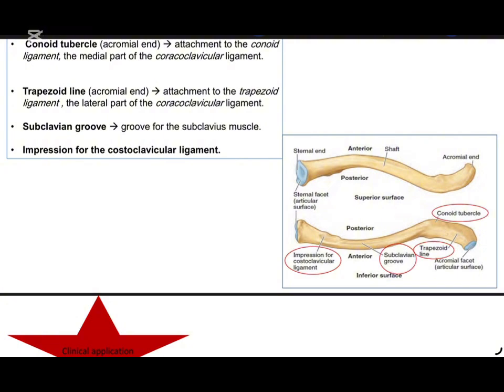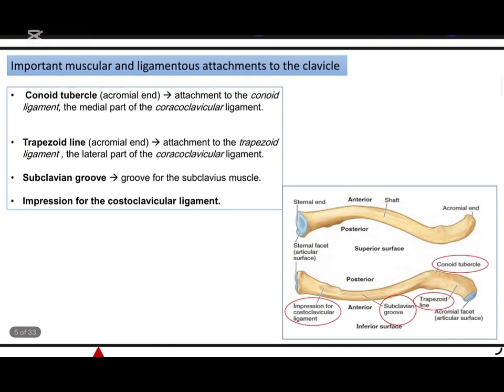First, I can see a small tubercle here. We call it the conoid tubercle. Why is it the conoid tubercle? Because I have a structure called the conoid ligament. So, the conoid ligament attaches to this conoid tubercle. This conoid ligament is a part of a large ligament.